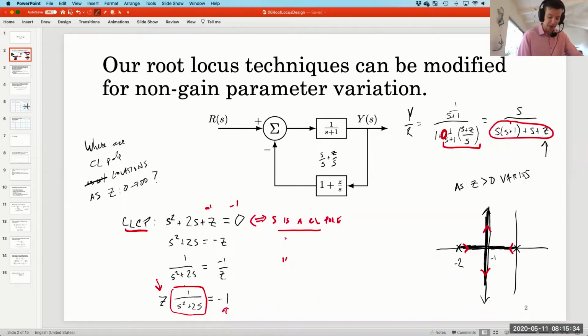So this is why this boxed thing acts like the open loop transfer function from Unit 5.